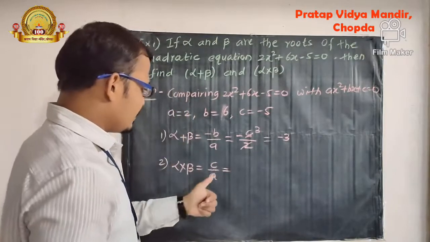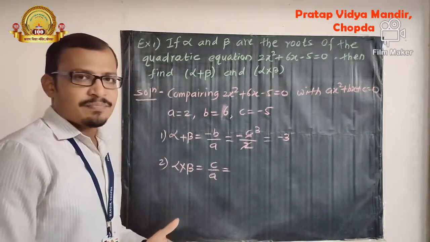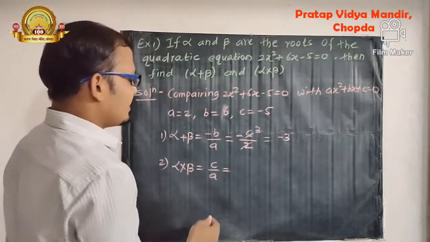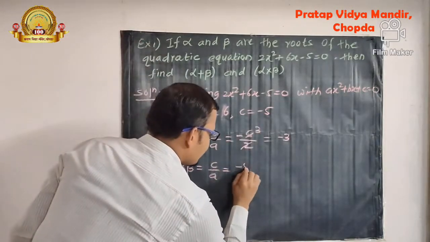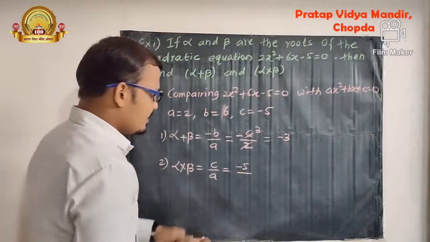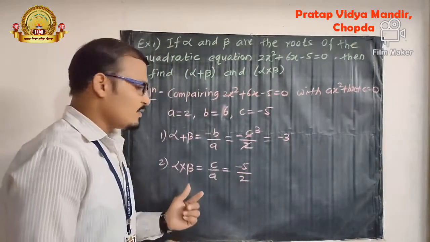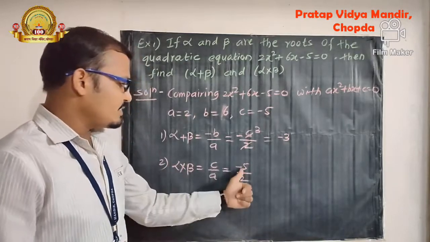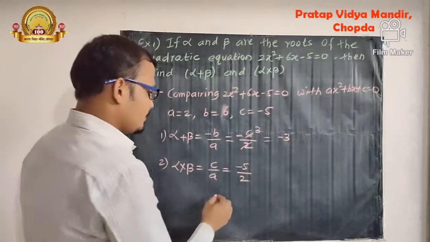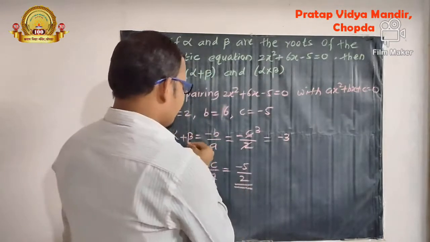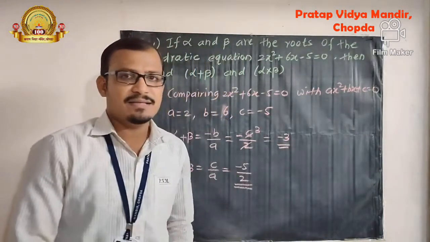So now just put these two values and we get the value of alpha into beta. Value of c is minus 5 and a is 2. So we get the value of alpha into beta is minus 5 upon 2, and alpha plus beta is minus 3.